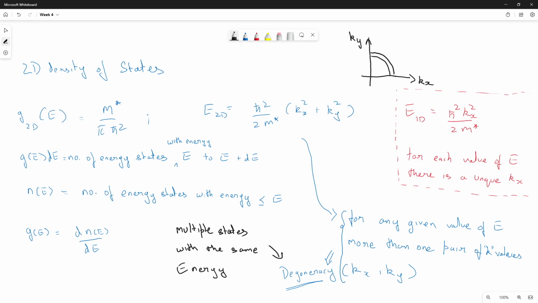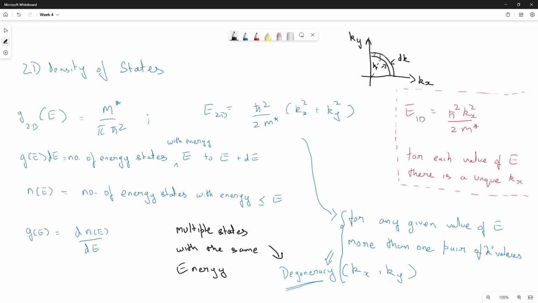As I've told before, I'm pretty bad at this. So there is usually this region with k to k plus dk. So this length is k, and the thickness here is dk. So this is how the derivation must have gone, correct?